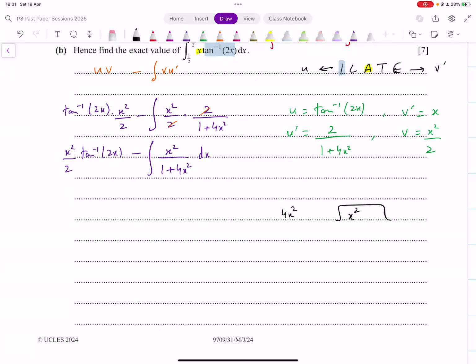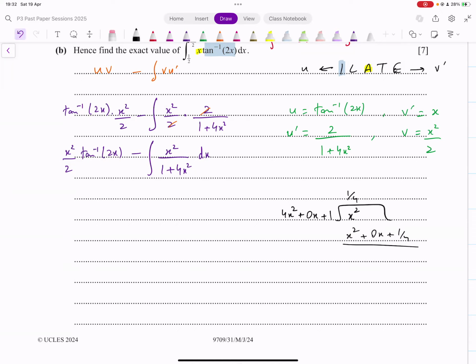Higher power first, 4x squared, then 0x plus 1. What do we multiply 4x squared by to get x squared? We multiply it by 1 over 4. So that's what you have in the quotient there. 1 over 4 into this gives you x squared. Plus 1 into 1 over 4, that's 1 over 4.